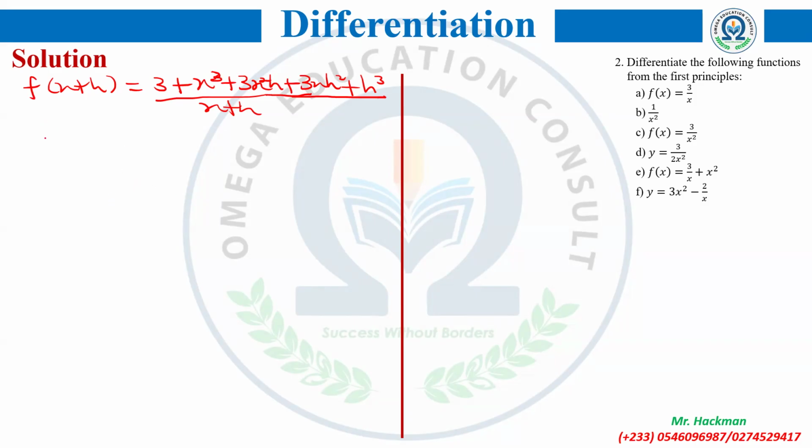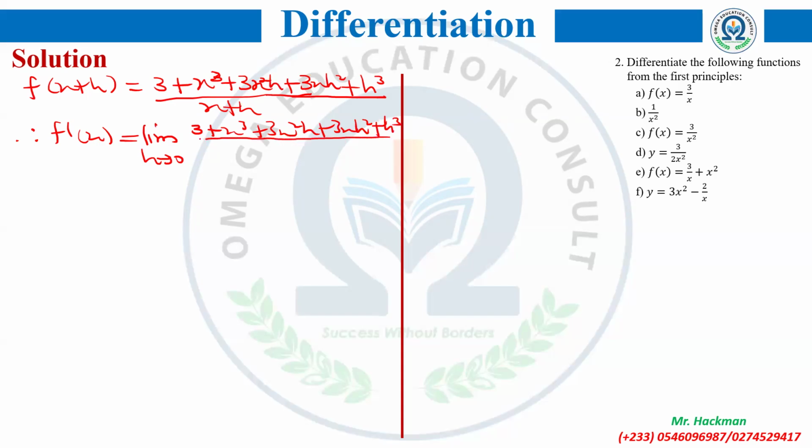So let's see what is going to happen. Your f prime of x will be equal to, remember, the limit as h approaches 0 of f of x plus h, which is the whole of this. So I'm going to write 3 plus x cubed plus 3x squared h plus 3xh squared plus h cubed, all over x plus h.